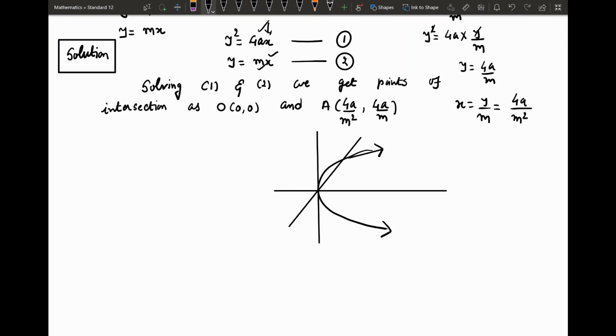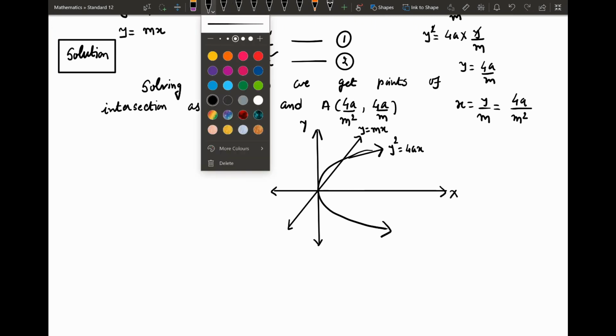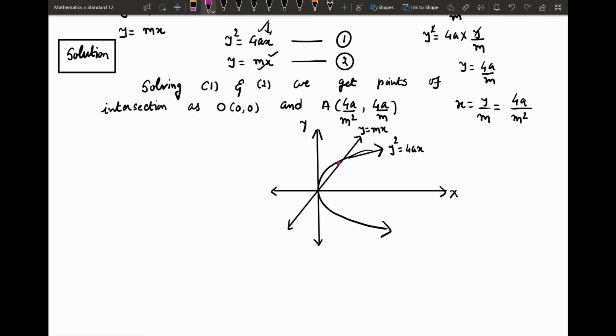So now, this is the line y equal to mx, parabola y square equal to 4ax, x axis, y axis, and we have to get the area of this portion.